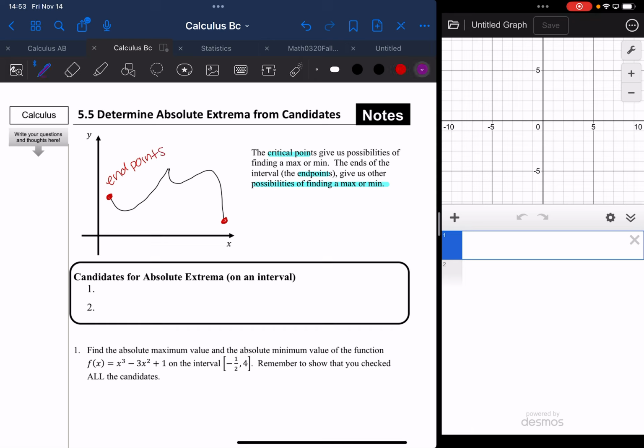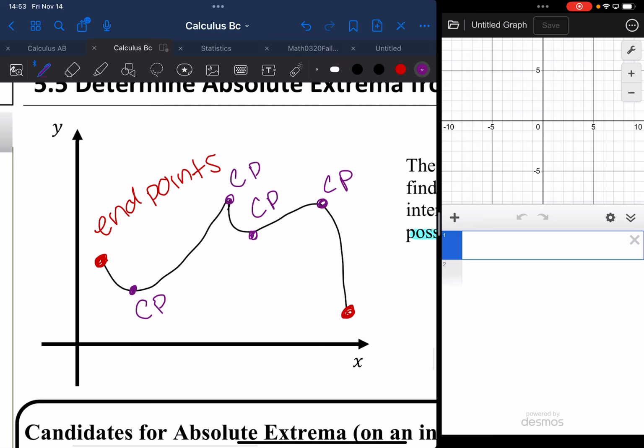And then every time our graph goes from increasing to decreasing or decreasing to increasing, we know we have critical points. And then also at this cusp where the derivative would not exist, we have a critical point. So this is saying at all of those points there is a possible maximum and minimum value.